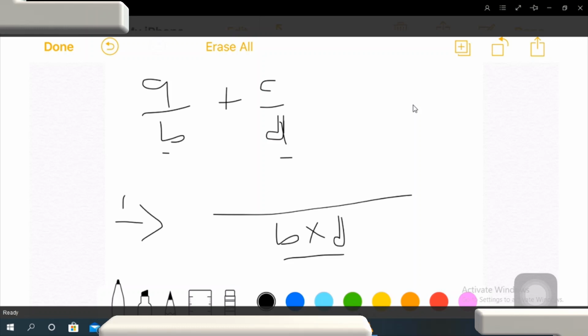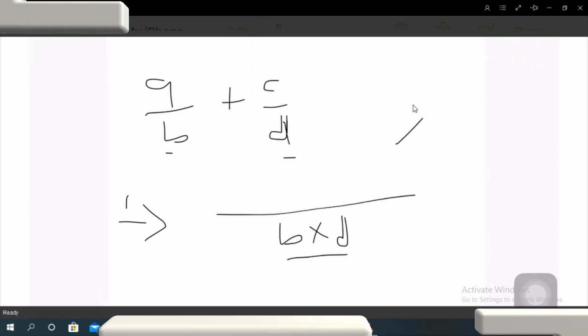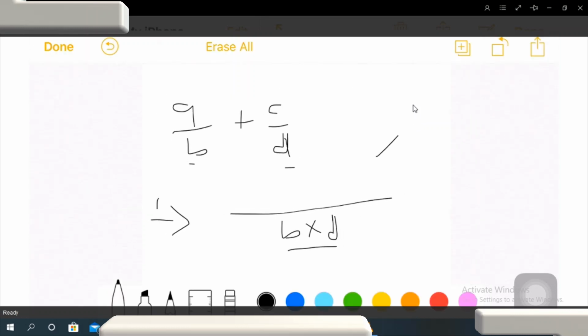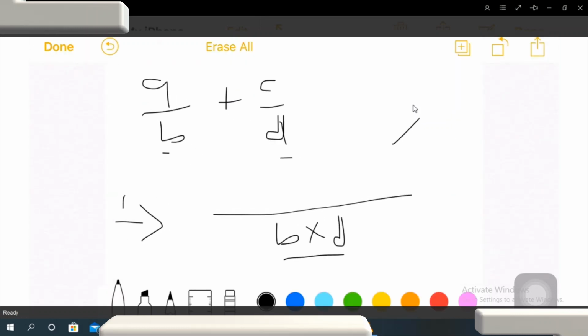Now step 2. After you find a common denominator, what you have to do is to ask yourself, this alphabet B, or any number that is in this place, how many times will it go into this whole thing?